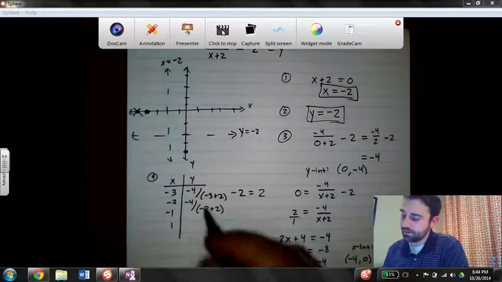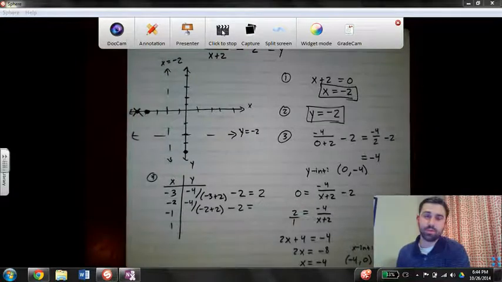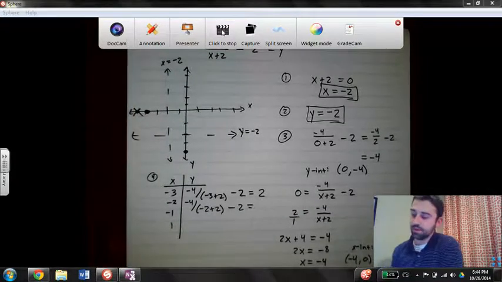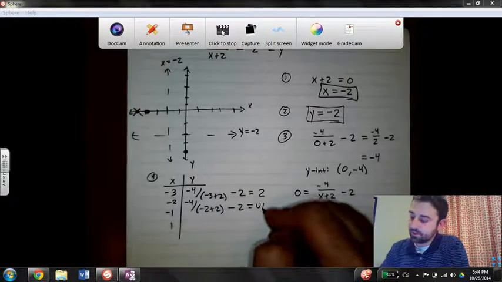Notice when I plug in the value -2, since it was an asymptote, -2 plus 2 would set my denominator equal to 0, so this value would be undefined.